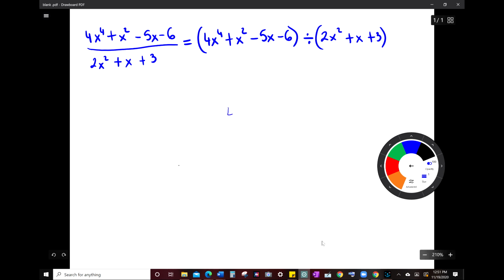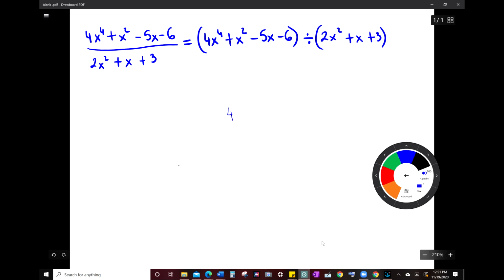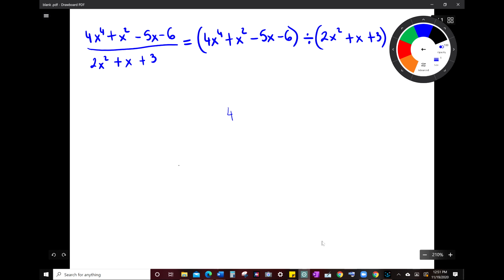So now we have 4x to the 4 plus x, and you see that from x to the 4 to x squared, we're missing the x to the third power.